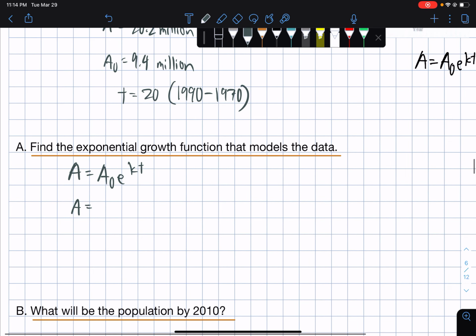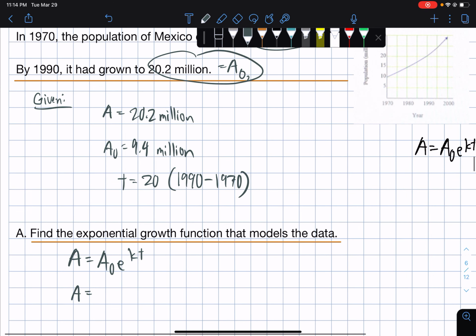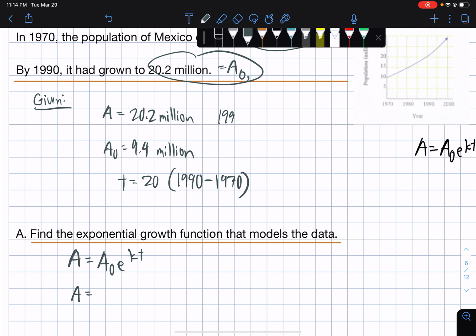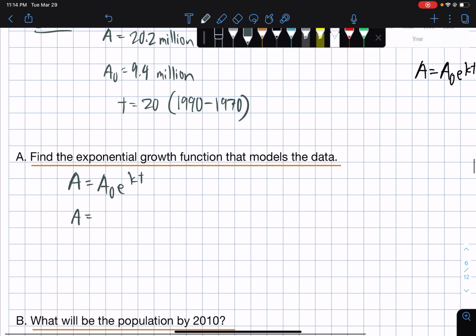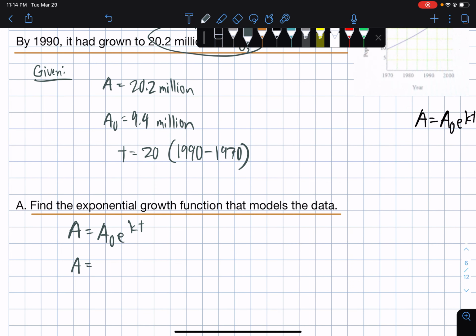Because later on, we'll be finding values of A that are not the population of the year 1990. Might be confusing at first, but I hope that it would be more understandable later. For A0, it's pretty constant. The value will always be 9.4 million, assuming that you'll be setting your A0 as 9.4 million.